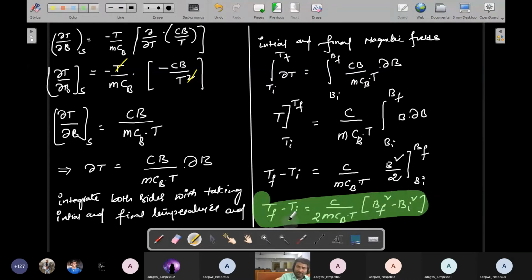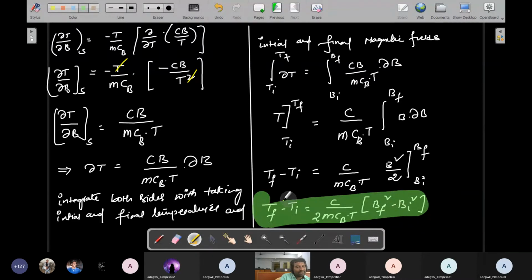But here initially we are not applying any magnetic field. Finally, the final magnetic field is switched off, because in the second condition we switch off the magnetic field. So only initially the magnetic field is applied, but finally the magnetic field is not applied. For that purpose, the Bf value will become zero.